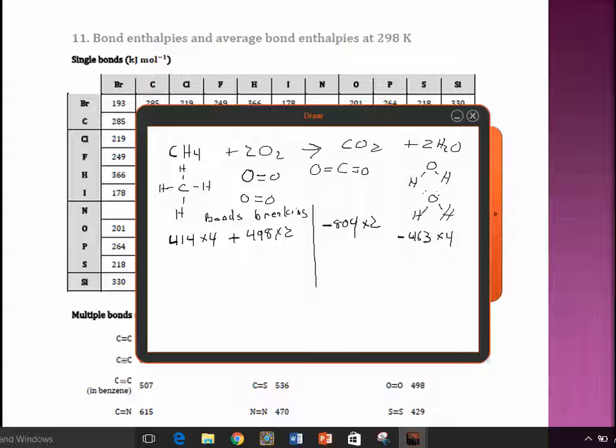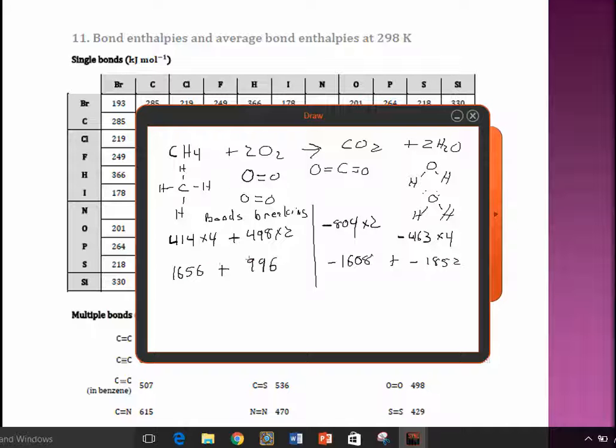Okay, so then at this point, let's do all the arithmetic here. 1656 plus 996. The unit's kilojoules per mole in all these, by the way. Negative 1608 plus negative 1852.